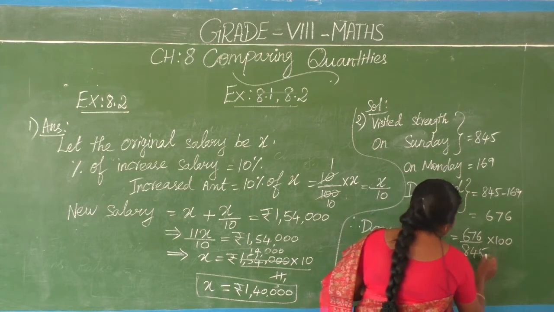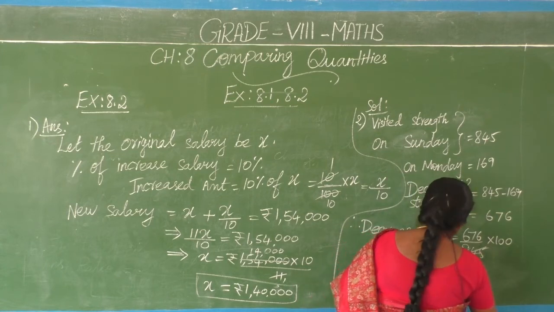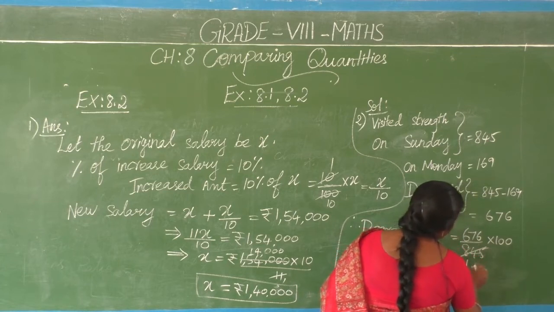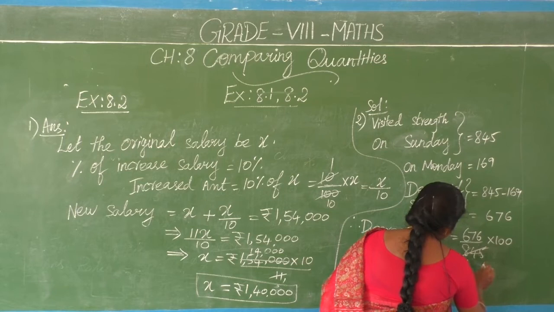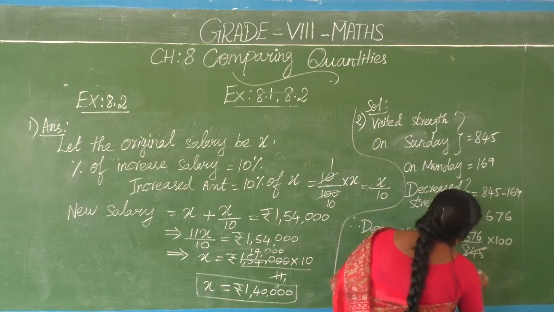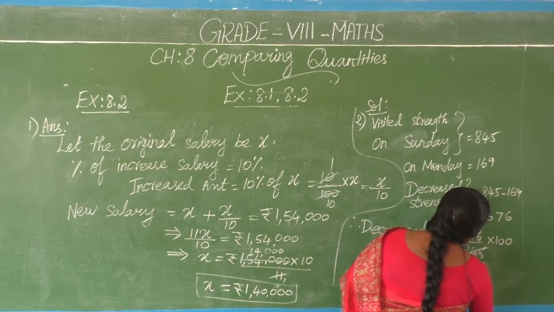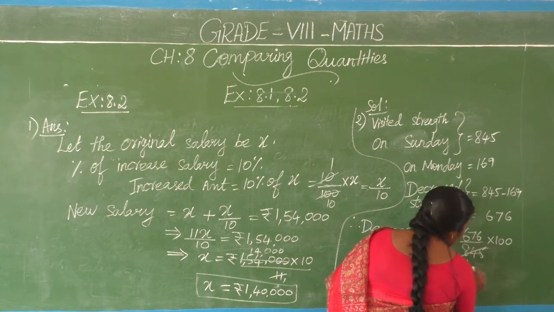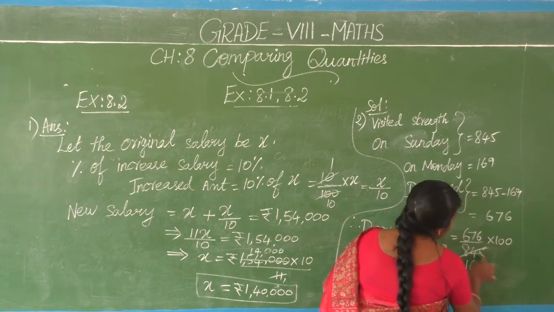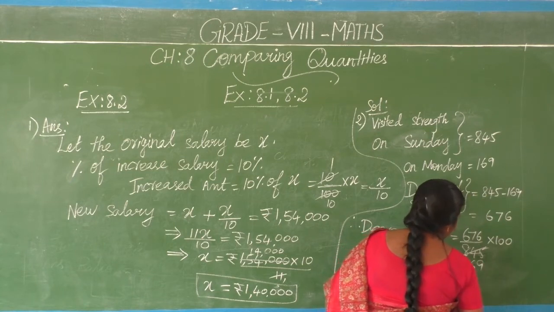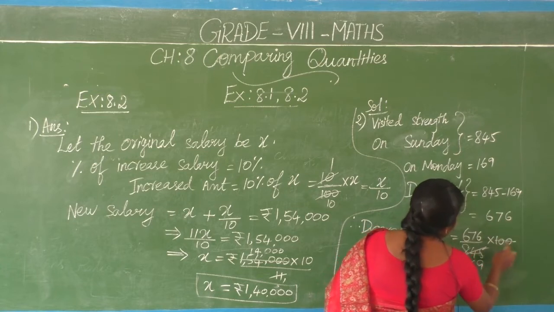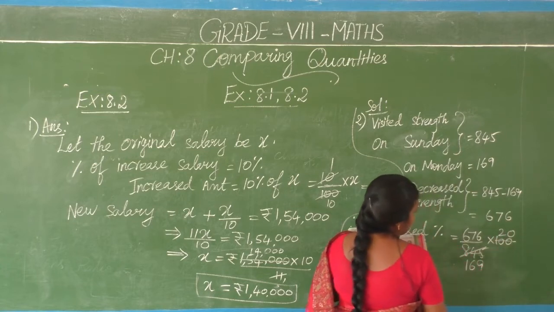Okay, if you simplify, by which table? By the fifth table: 1 5 is 5, remainder 3; 34, 6 5s are 30, remainder 4; 9 5s are 45. So 169 5s are 845. Here 2 5s are 10, 20 5s are 100.